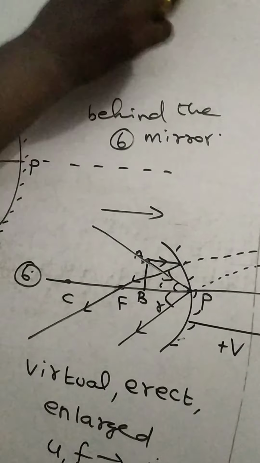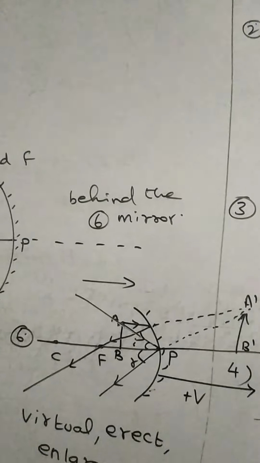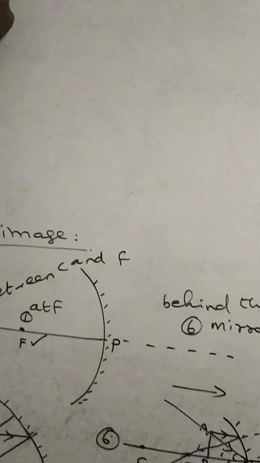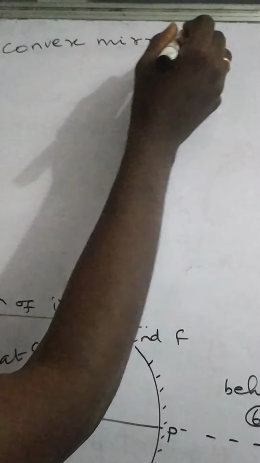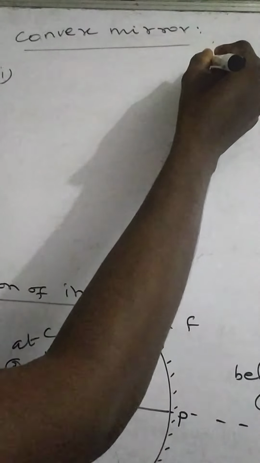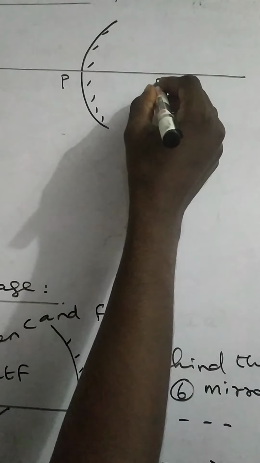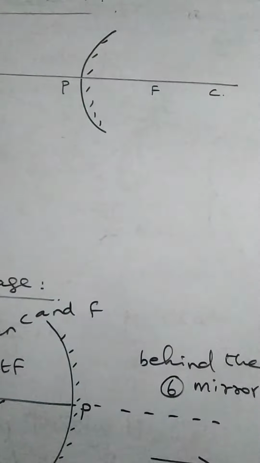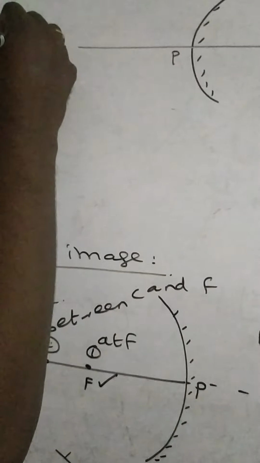Next, only two positions for the convex mirror. First one, object at infinity.